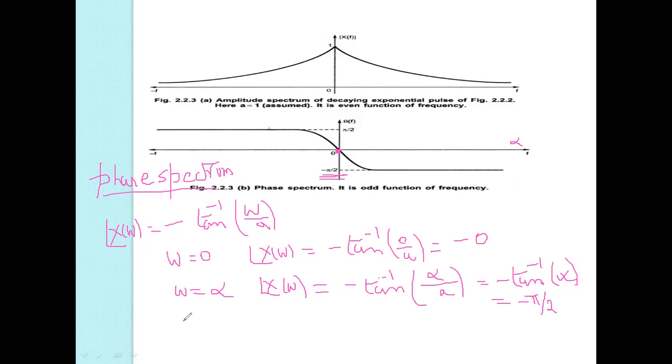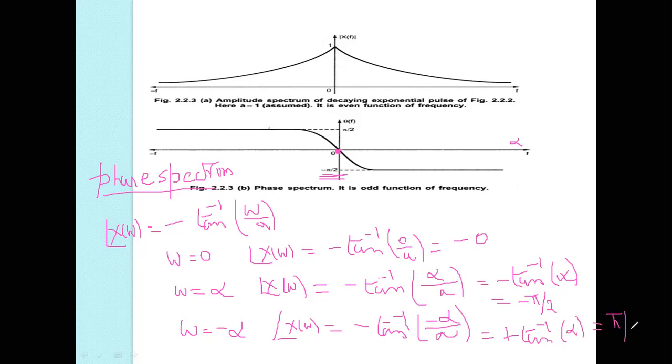Similarly, at omega is equal to minus infinite, X of omega is equal to minus tan inverse of minus infinite by a. You know the tan inverse of minus x is minus tan inverse x. So minus into minus is a plus, tan inverse infinite. It becomes plus pi by 2, that is 90 degrees.